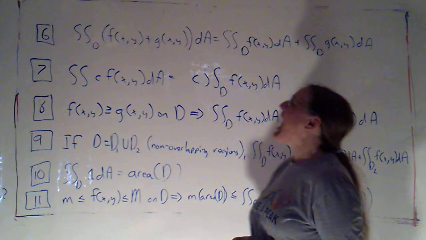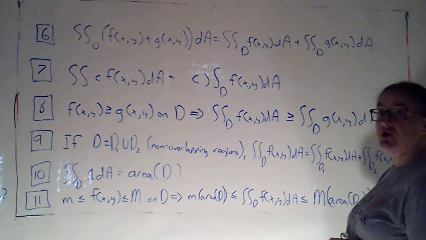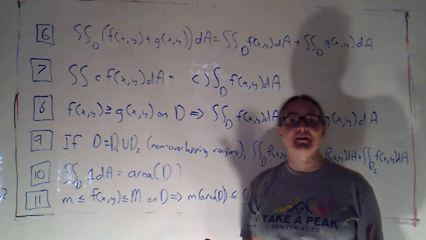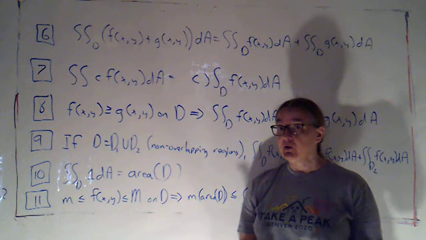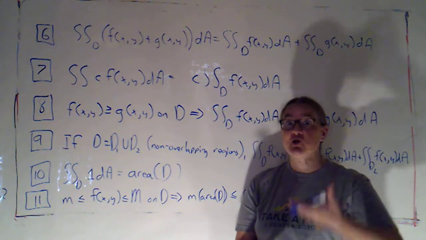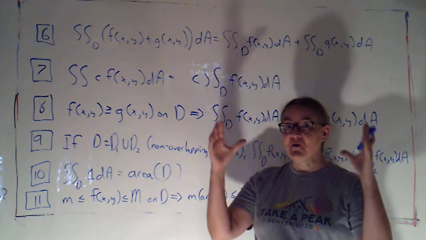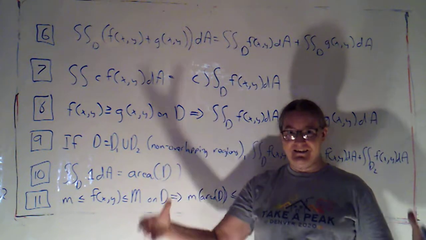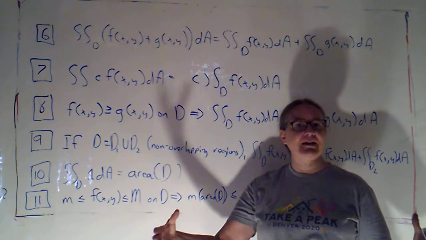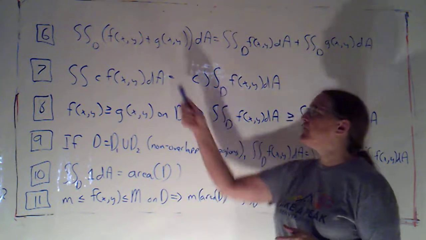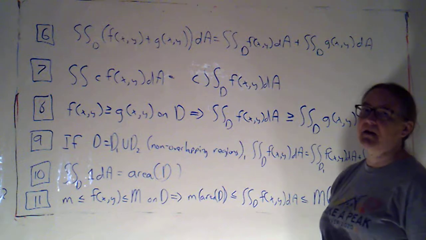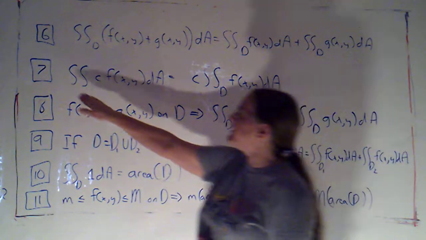And at the time I said the reason we can do that is because this sum property is true for single integrals. And a double integral really does just have us doing two single integrals: one on the inside where we're holding one variable constant, and then the integral of one variable that we get after doing that. So if we can do it for each of the single integrals, we can do it for the double integral.